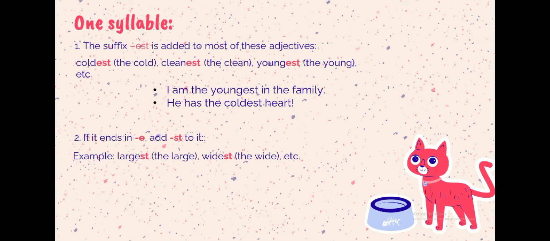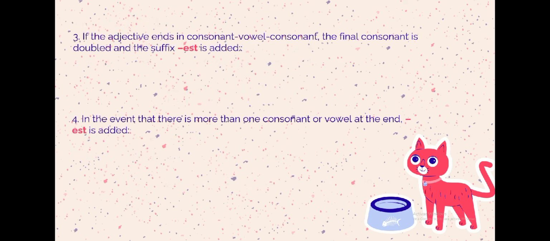Example, largest, the large; widest, the wide, etc. Example, the largest trunk and the car. 3. If the adjective ends in consonant, vowel, consonant, the final consonant is doubled, then est is added. Example, China is the biggest country in the world.